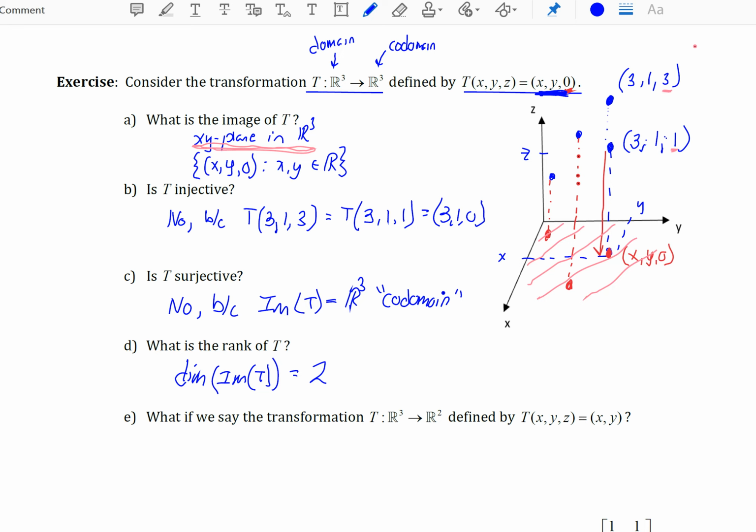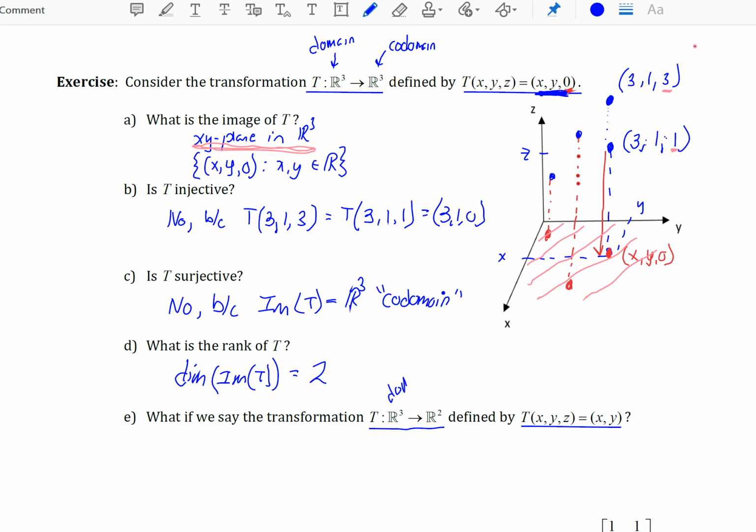Now I pose a question. What if we say the transformation was written as T mapping R3 onto R2 defined by this function? Notice how similar this transformation is. We changed our domain.